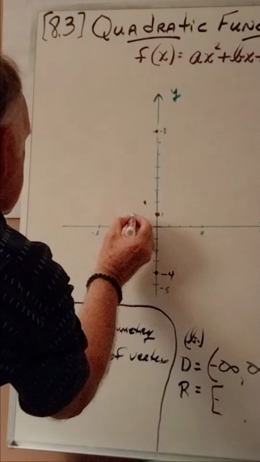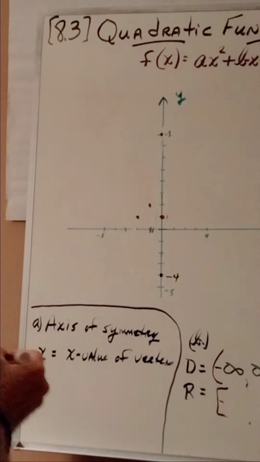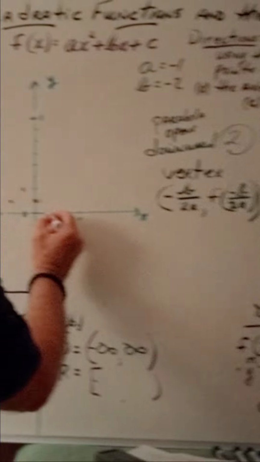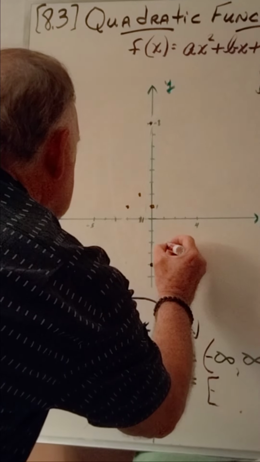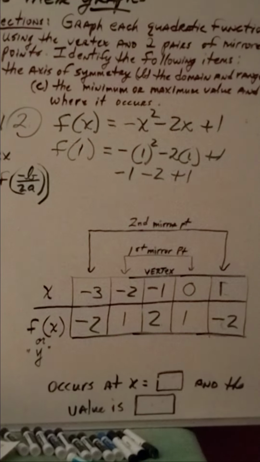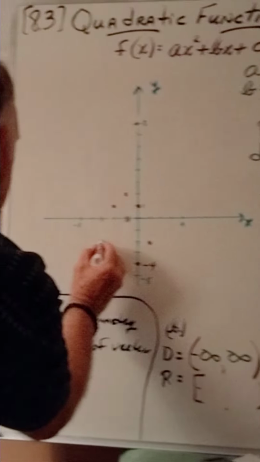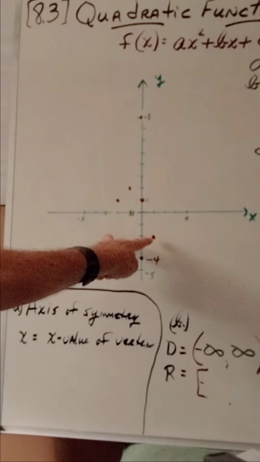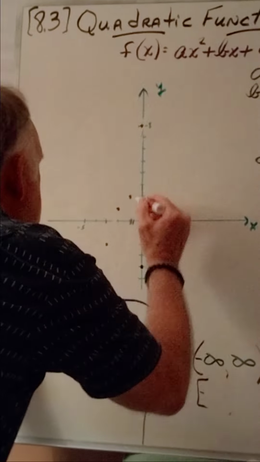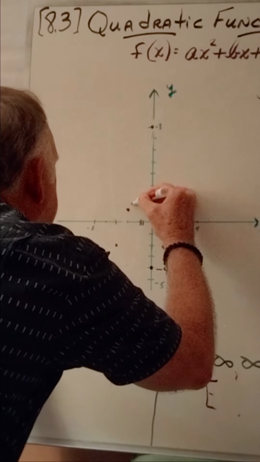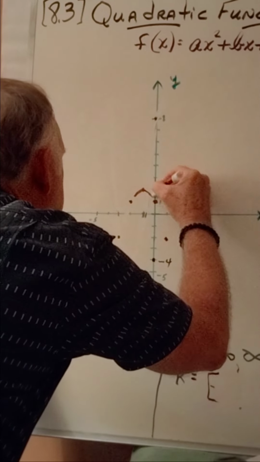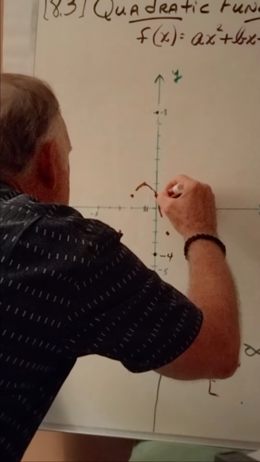Over there, 1, -2. 1, down 2. -3, -2. -1, -2, -3. Down 2. Mirrored. Try to lasso this turning point around. It's not perfect, not by a long shot.